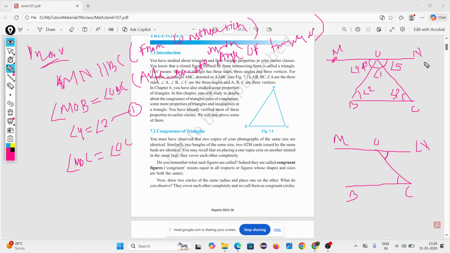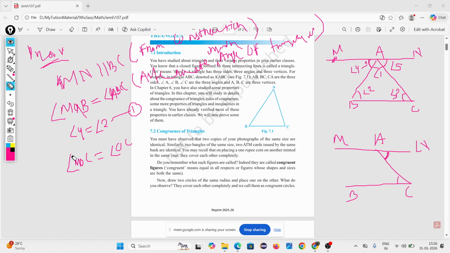Okay, sorry. This is already named, that is A. Just wait. So here in place of O, I write A. MAB equals ABC. Here also write this is A. So can I write NAC, this angle?